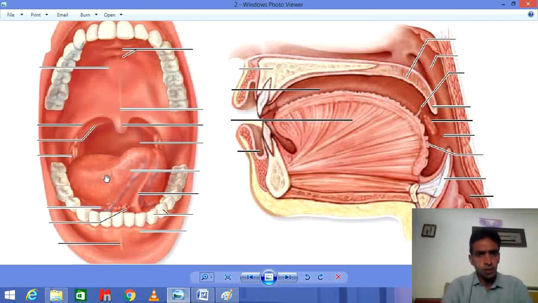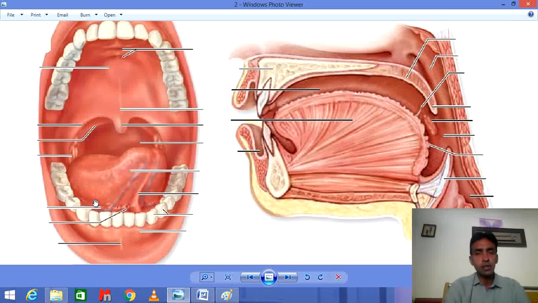The tongue is located in the middle of the oral cavity. It is a very important structure of the oral cavity that is responsible for the rolling of food. If there was no tongue, you could not chew your food, because the tongue pushes the food in between the two teeth.